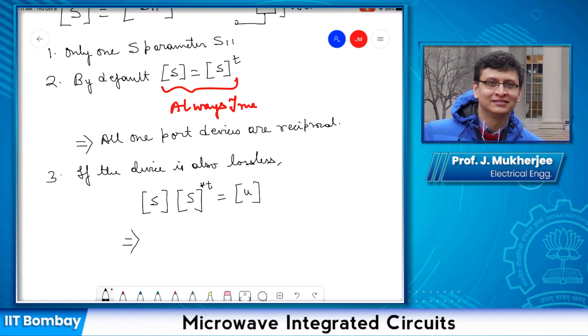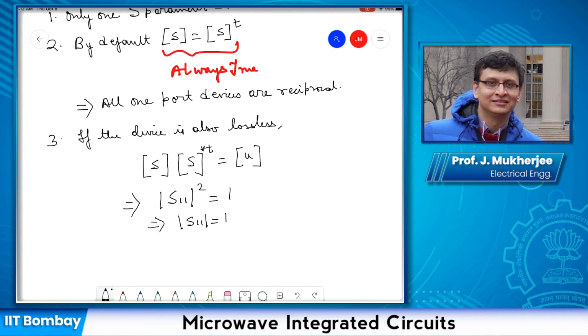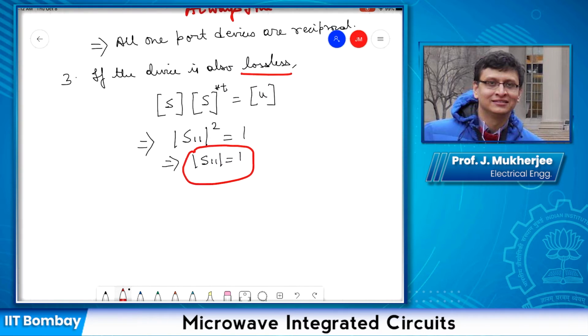So this translates to modulus S11 squared equal to 1. So this implies mod S11 equal to 1. So if the device is lossless, then this condition has to be satisfied.